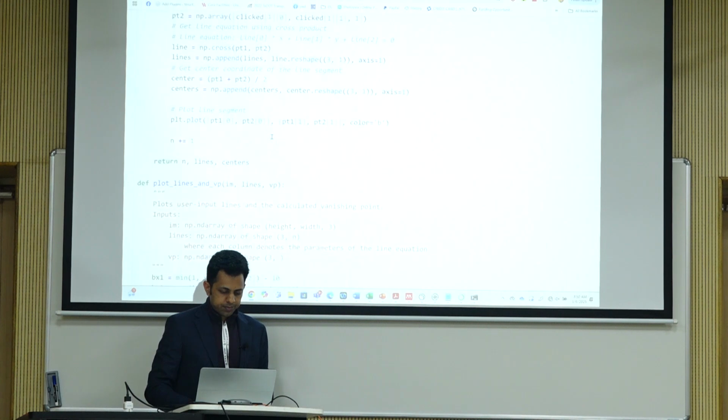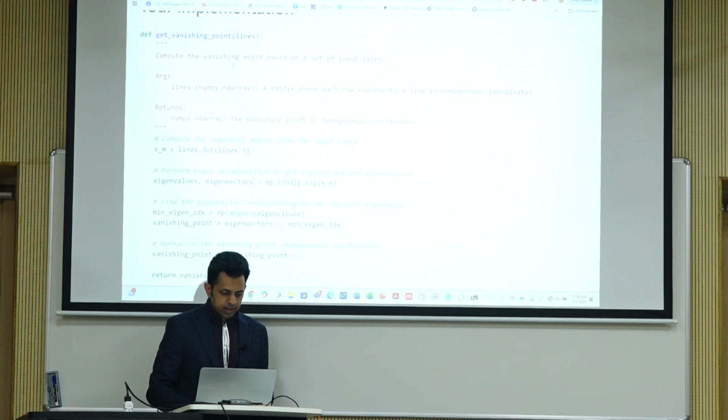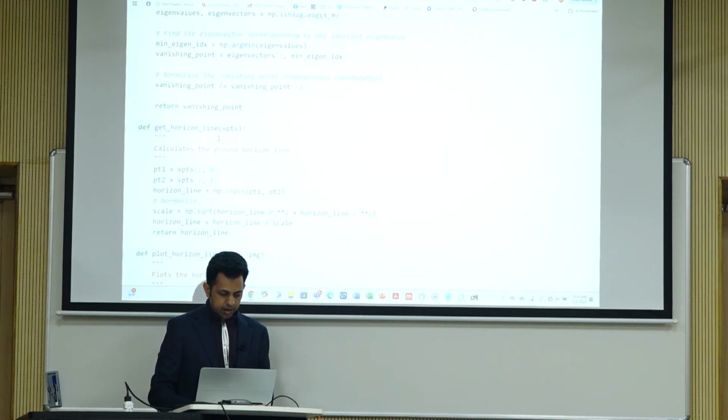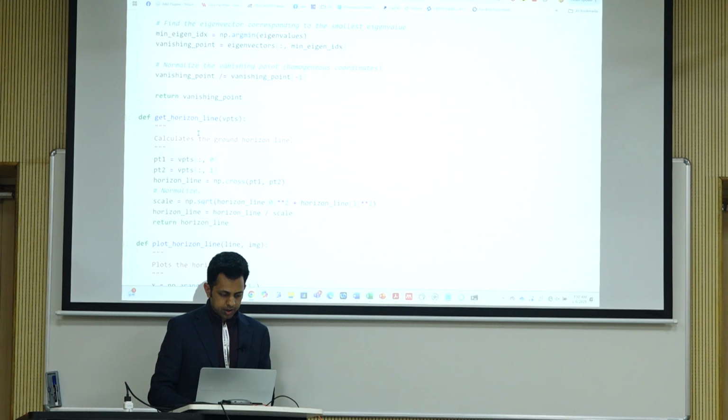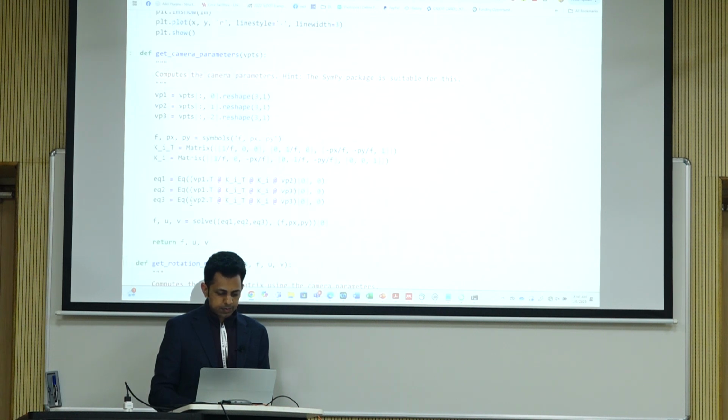This just plots them. This gets top and bottom coordinates. This computes the vanishing point by intersecting the vanishing lines. And this gets the horizon line, which is the vanishing line that intersects the vanishing point, and this plots it. This gets the camera parameters by solving those equations which I showed you.